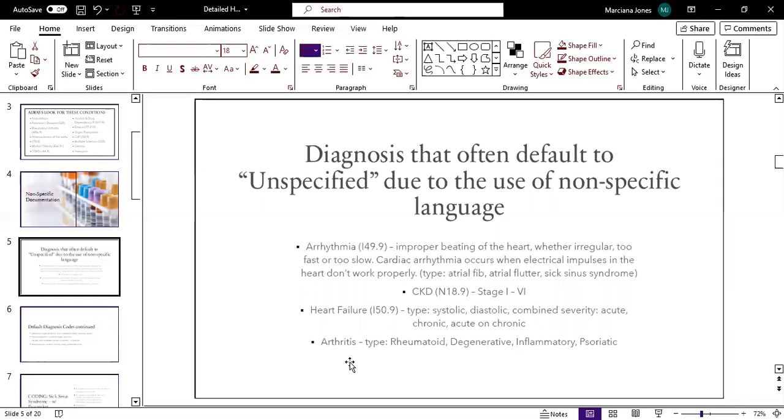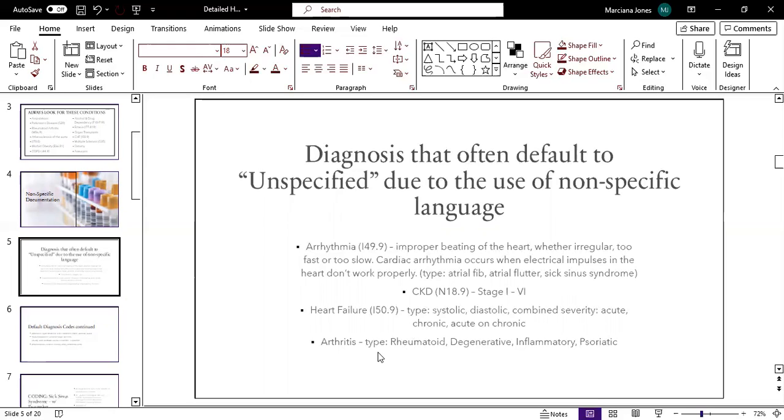So arthritis. Arthritis is another one that you have to be specific, because there are different kinds of arthritis. And with HCC, if you do not specify the kind of arthritis, it doesn't have an HCC score, because rheumatoid arthritis is the only one that maps to a score.